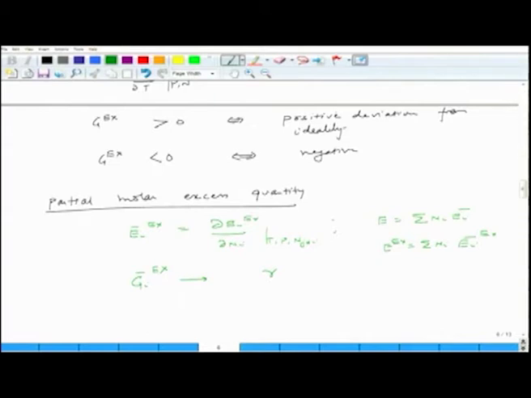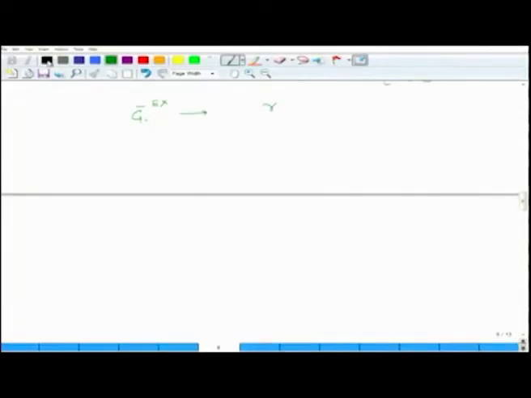So, let me now talk about this activity coefficient and try to connect it with this G_i excess. Let me formally define activity and activity coefficient.